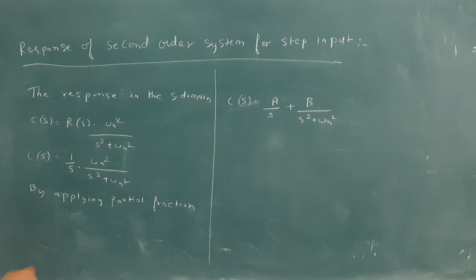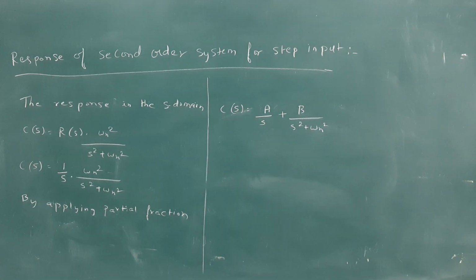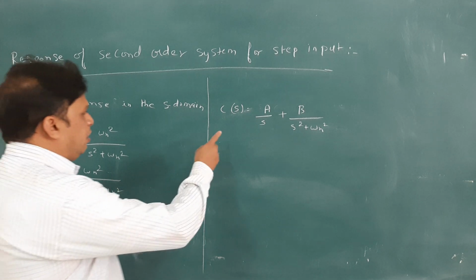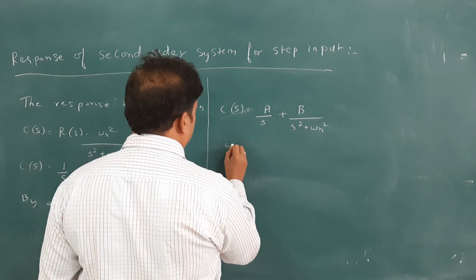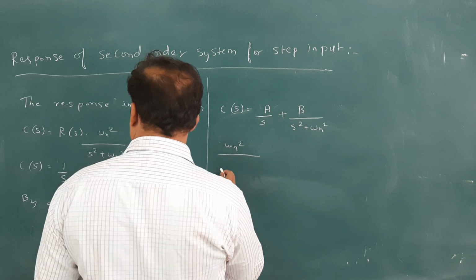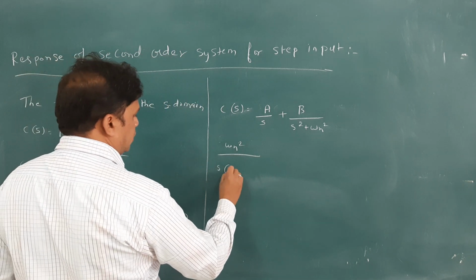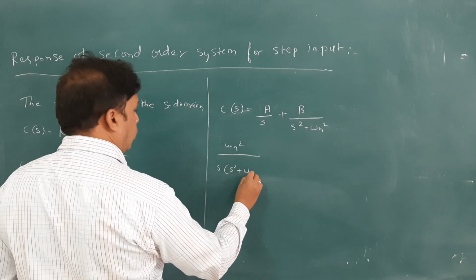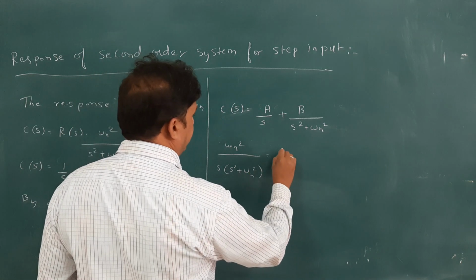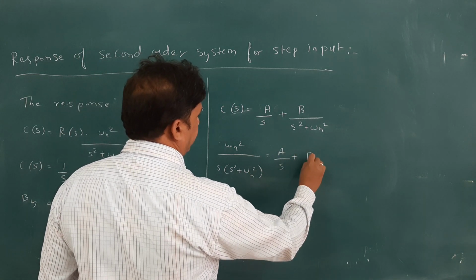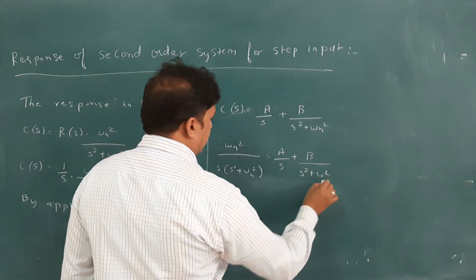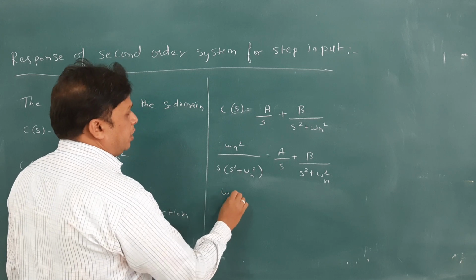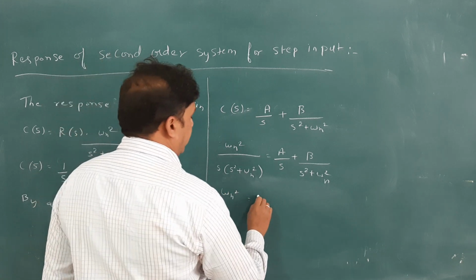Applying this, C of s is equal to omega n square divided by s into s square plus omega n square, which is equal to a by s plus b by s square plus omega n square.